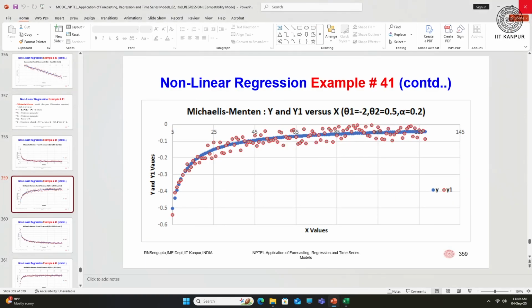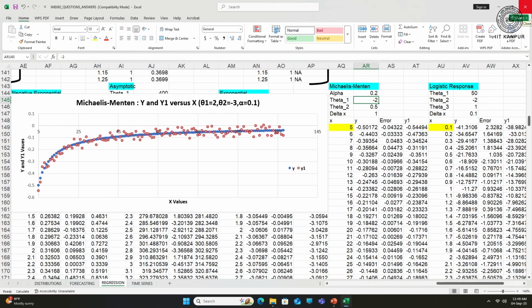This is the graph, exactly the same as what you can see in the PPT. You can change these values, and as you change them, the simulated data, both the best fit line and the simulated actual data points, which are blue and red in color, are shown.